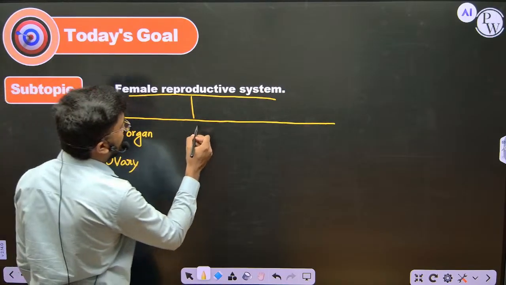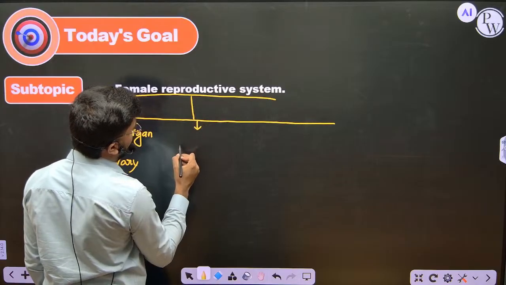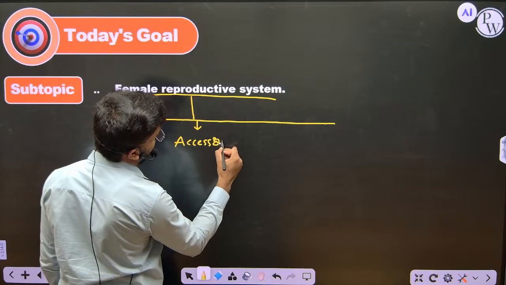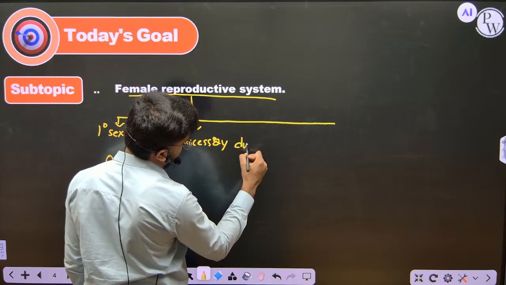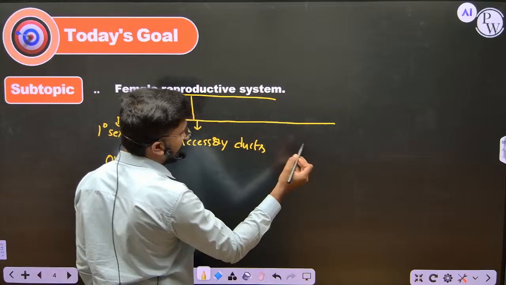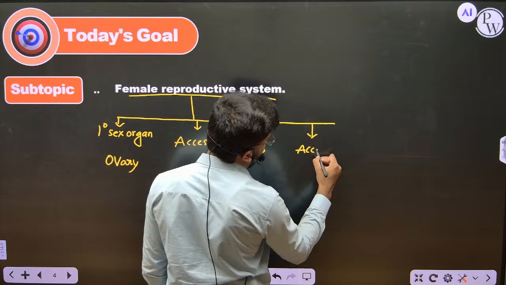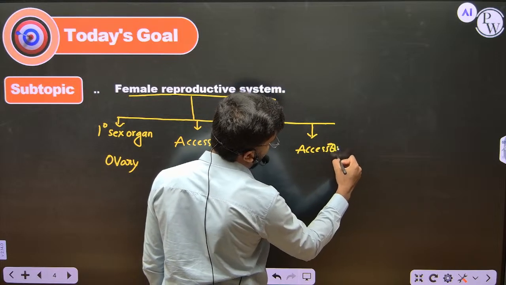Second, accessory ducts. Third, accessory glands.